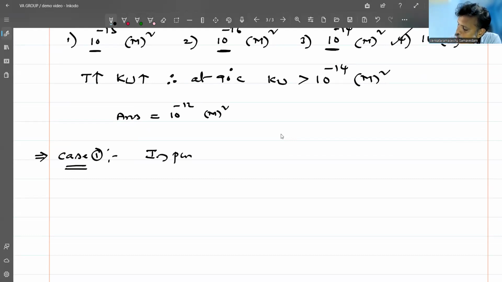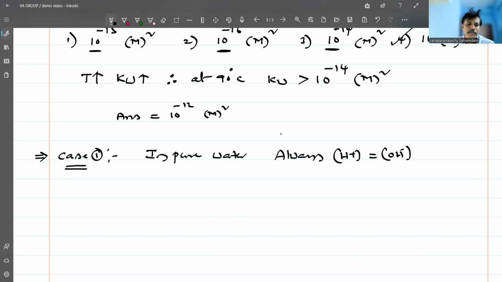In pure water, how can you give a relationship between H plus ions and OH minus ions with Kw? In pure water, H plus ions concentration is always equal to OH minus ions concentration.